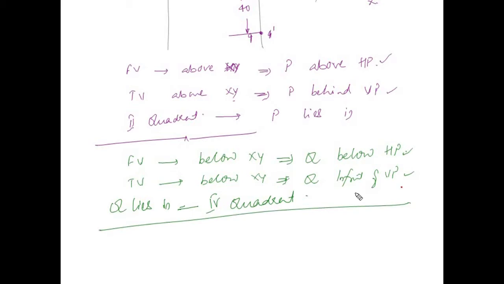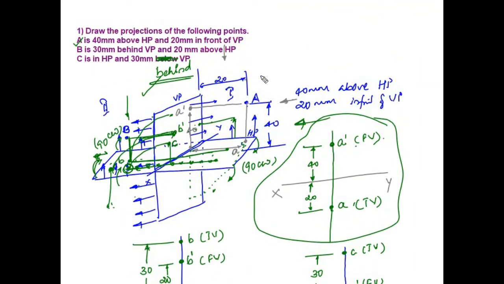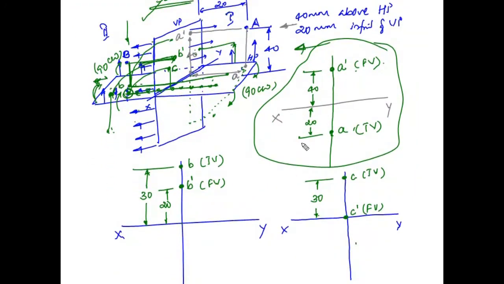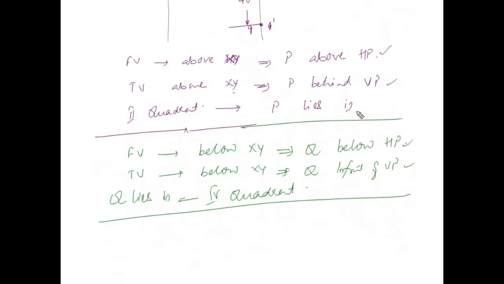So we have seen the previous example, when a point is given, how to draw the projections with respect to the reference line, whether it is coming above or below. All those things we have seen here. Now the projection is given, and based on that, we have to identify in which quadrant the point lies.